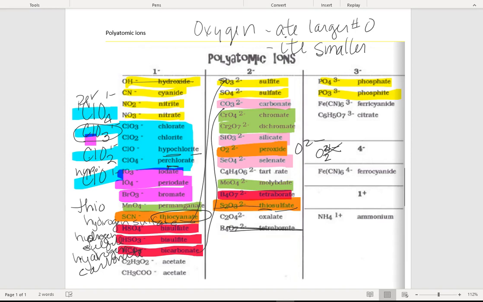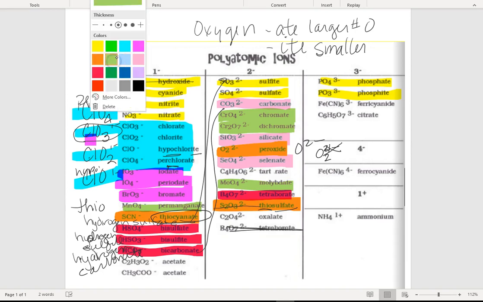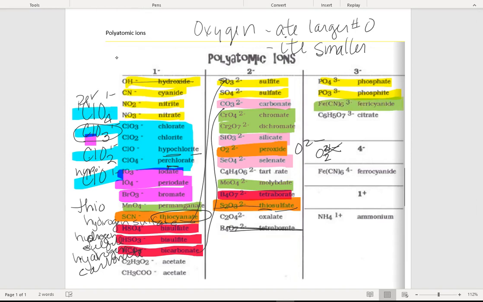We have 2 that have iron in them, ferrocyanide and ferricyanide. Ferro is -4, ferri is -3. I comes before O in the alphabet. -3 comes before -4, at least for most people who are counting. You may be different. You may count in a different way. I don't know.